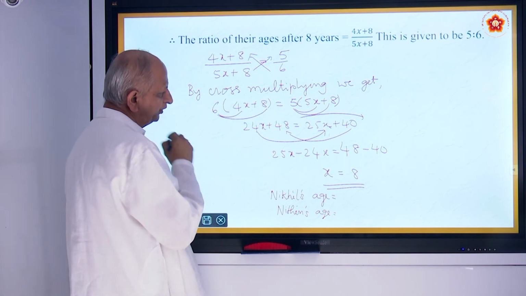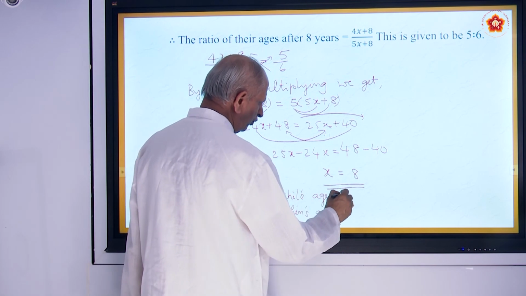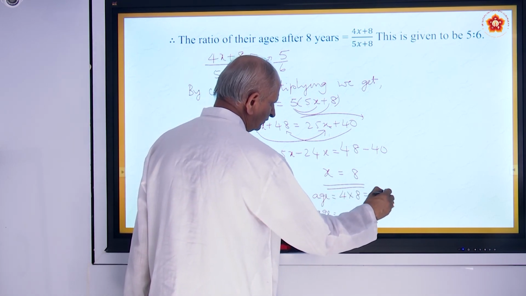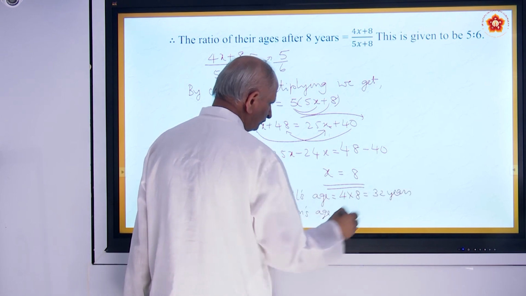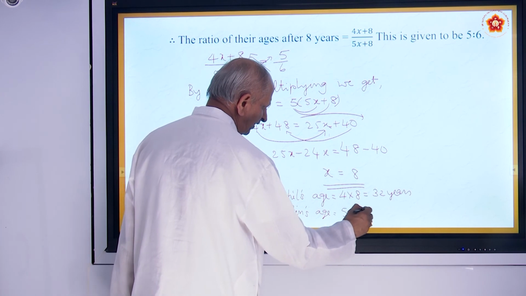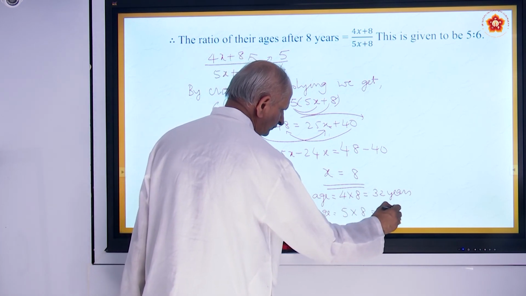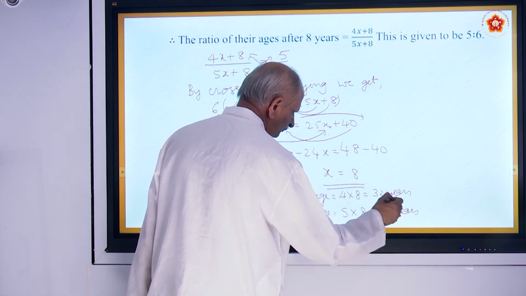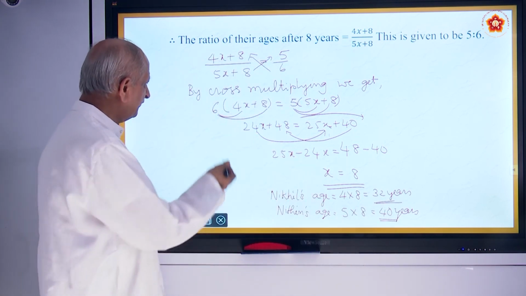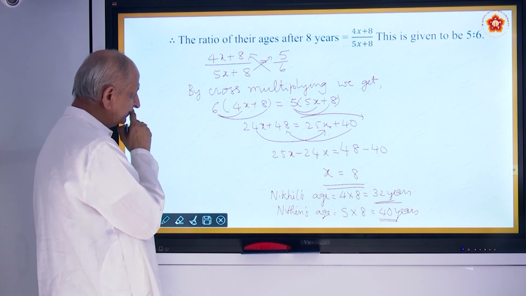So 4:5 means 4 into 8, 32 years. And Nitin is 5 into 8, 40 years. That is the answer. Now you can verify whether it is correct or not.